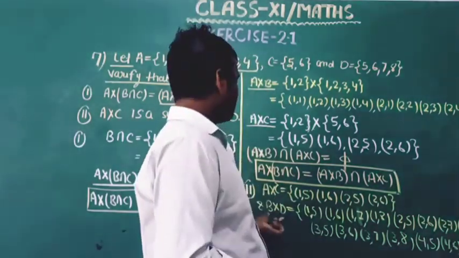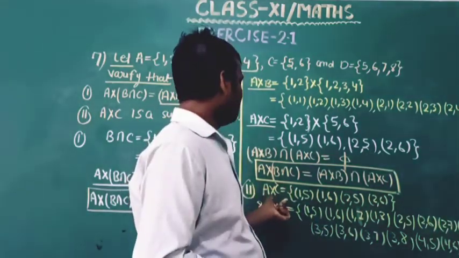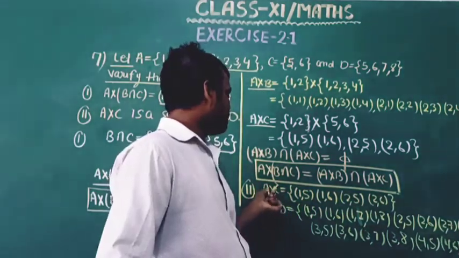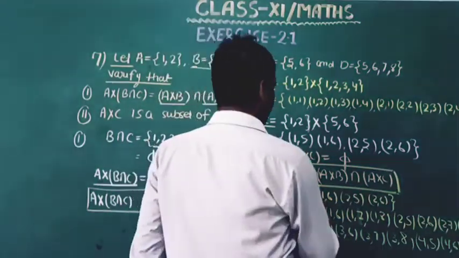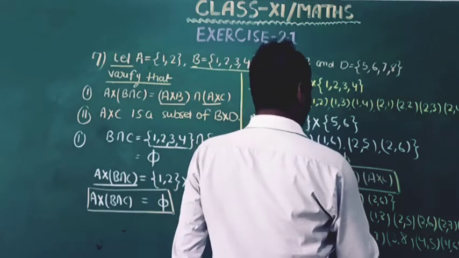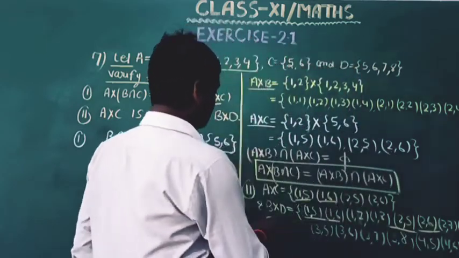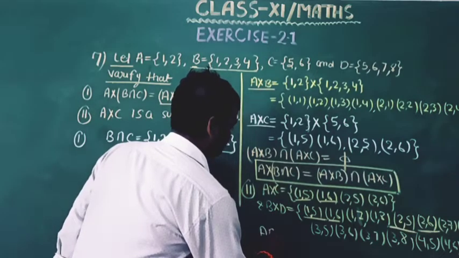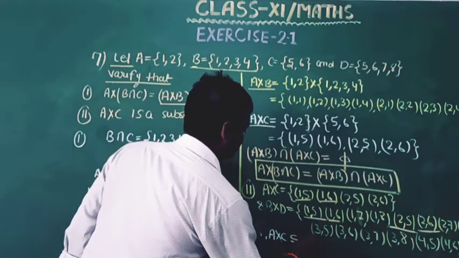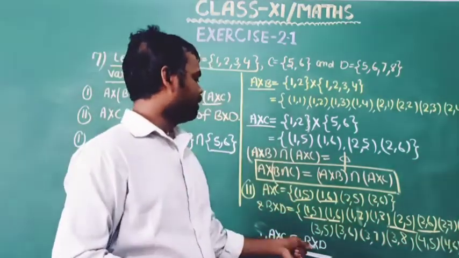A cross C is a subset of B cross D if every element of A cross C also belongs to B cross D. So here 1 5 also belongs to B cross D. 1 6 also is here. 2 5 is here in A cross C and 2 6 too. So finally we can say that A cross C is a subset of B cross D. We have verified this.